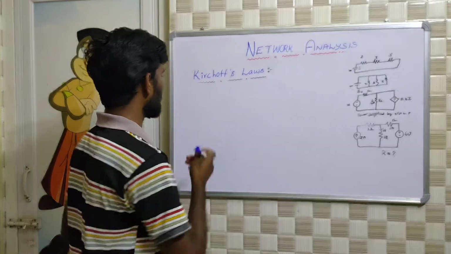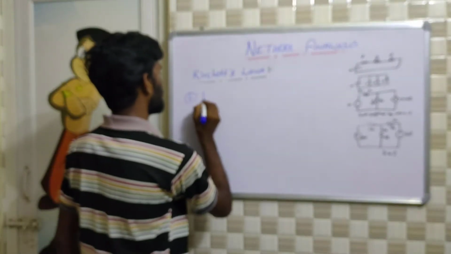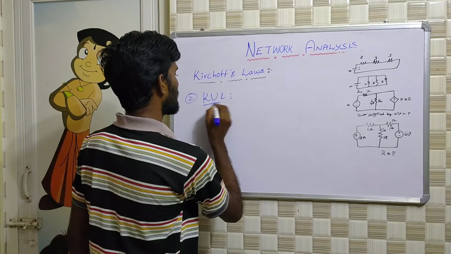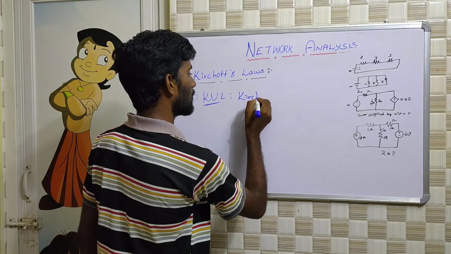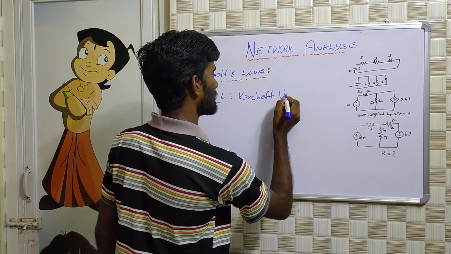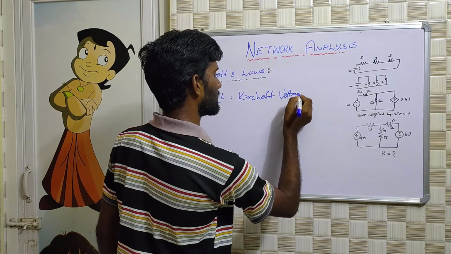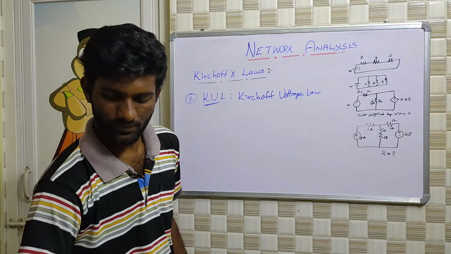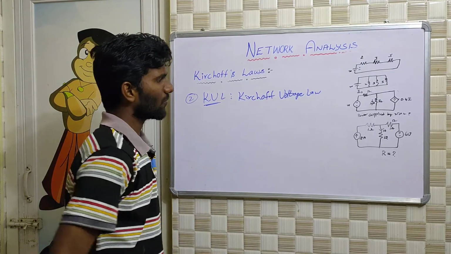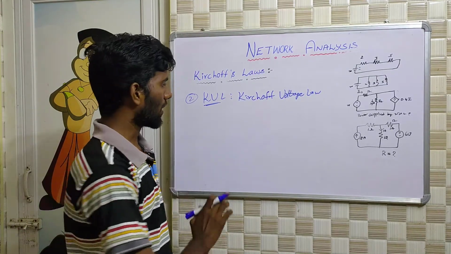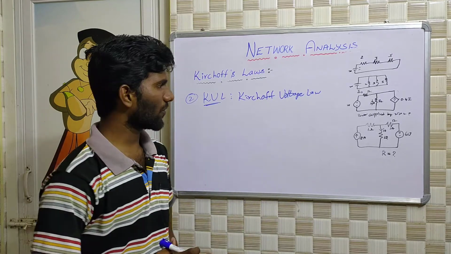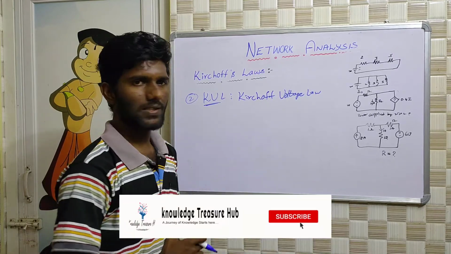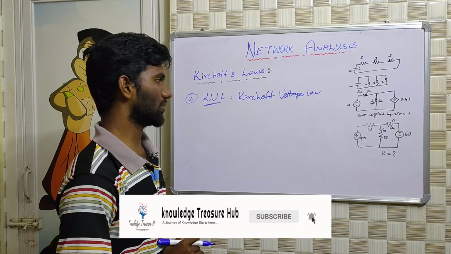The next law is KVL, Kirchhoff voltage law. Kirchhoff voltage law states that across any loop the sum of voltages will be equal to 0.